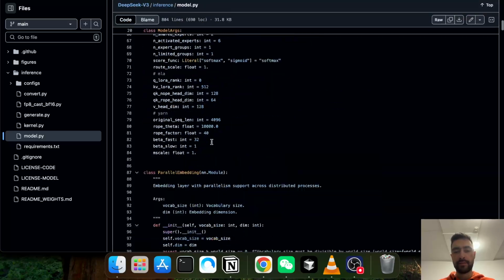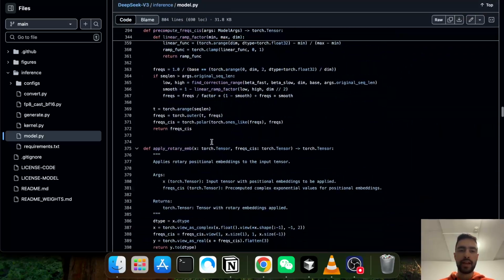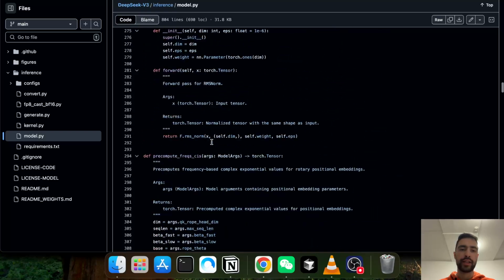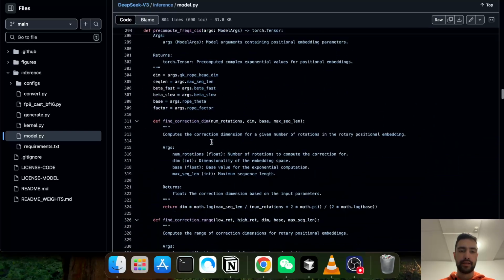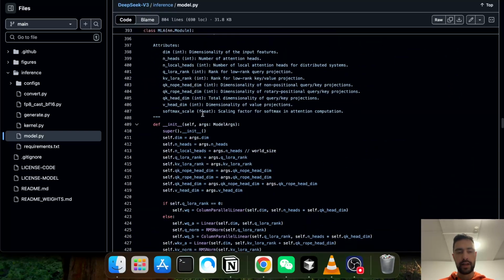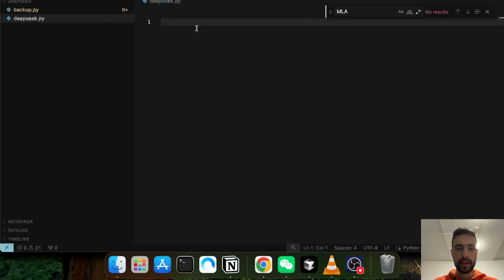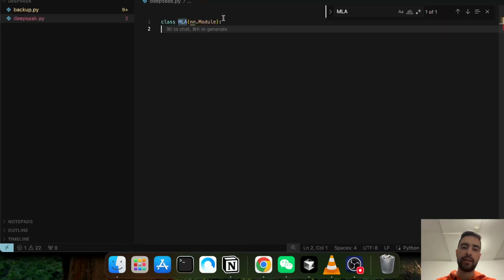So this is code for inference, but it's almost the same for training, so we can start by coding this MLA class here. So let's go. I will create a new Python file, deepseek.py. And the first line of code, class MLA, and this will inherit from nn.Module.